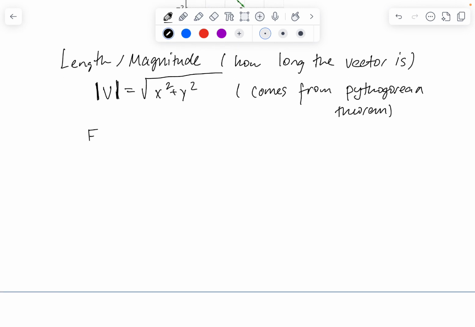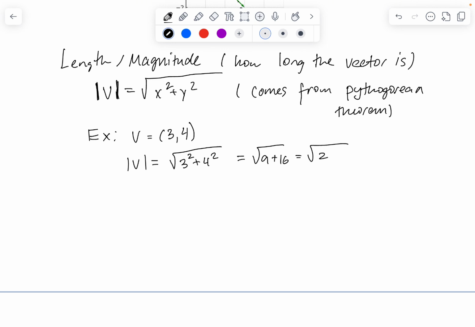So for example, we have a vector, let's say 3 and 4, and the length or magnitude of this vector is the square root of 3 squared plus 4 squared, which is 9 plus 16, which is 25, which is 5. And it's just positive 5 because it's an absolute, because of this absolute formula.